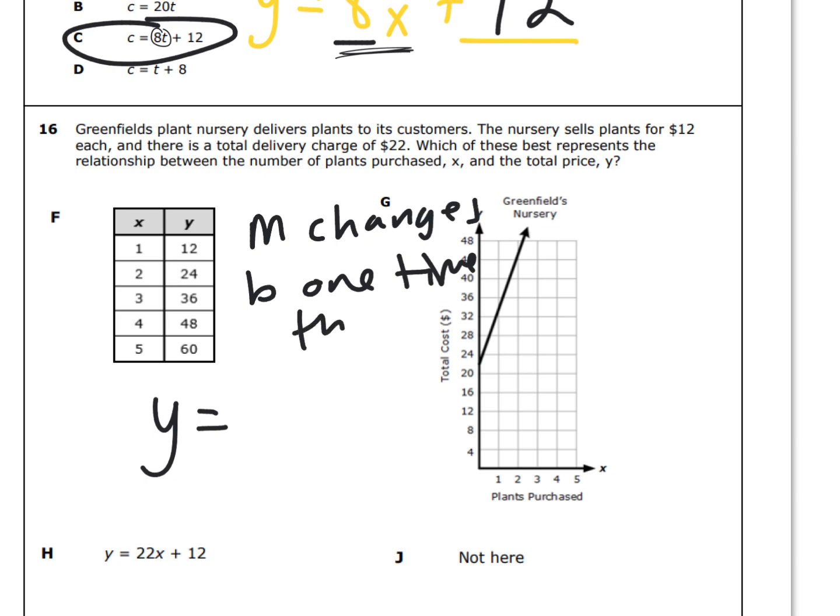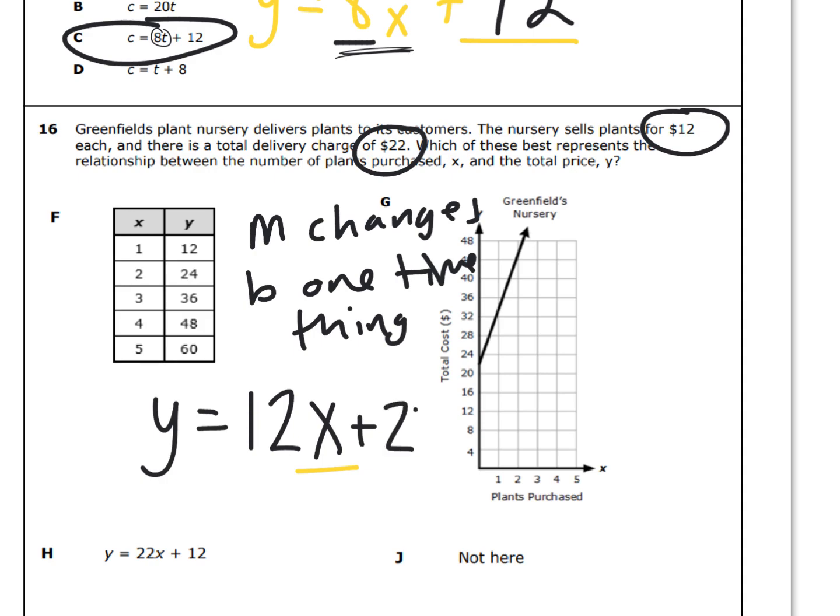So I've got two values, 22 and 12 each. The key word there is each, so 12 each. You can always rewrite the word each as your variable x in these types of problems. And the thing that occurs one time is that $22, so plus 22.